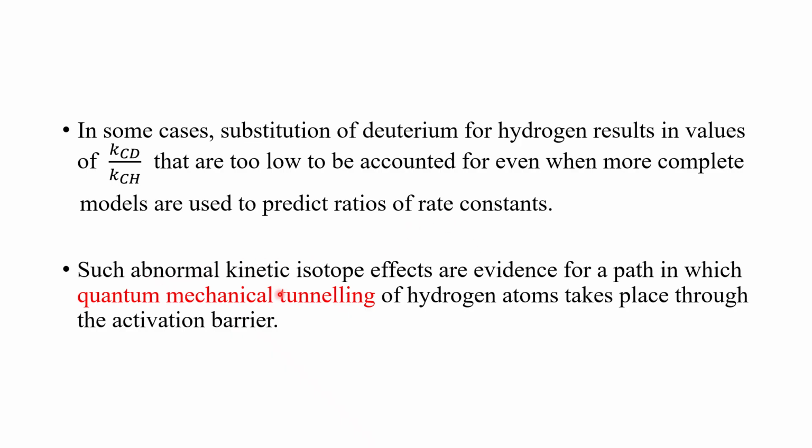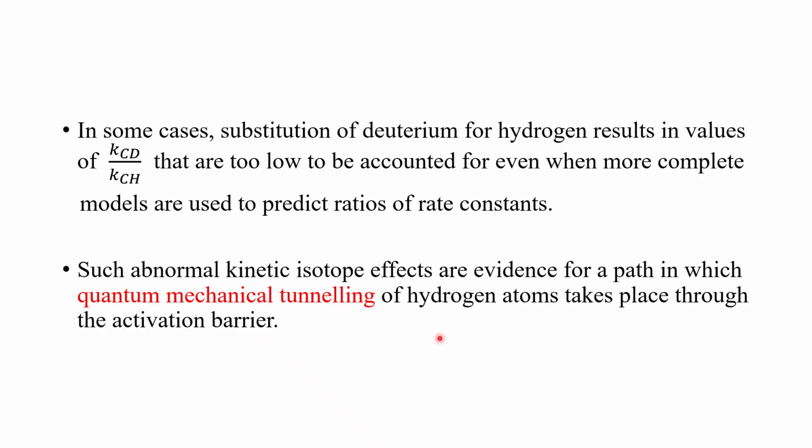This observation constitutes an abnormal kinetic isotope effect, where the reaction for the lighter molecule, which is not substituted with deuterium, is very fast compared to the theoretical value. So such abnormal kinetic isotope effects are the physical evidence for the alternative path in which the quantum mechanical tunneling of the hydrogen atoms takes place through the activation barrier.